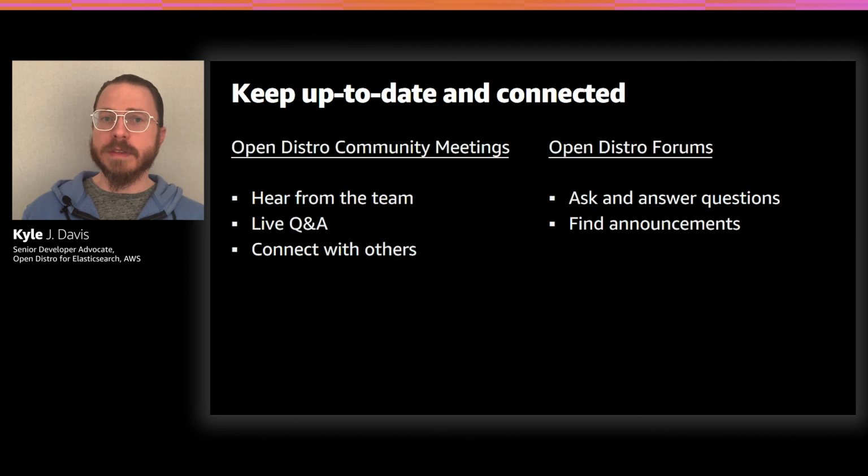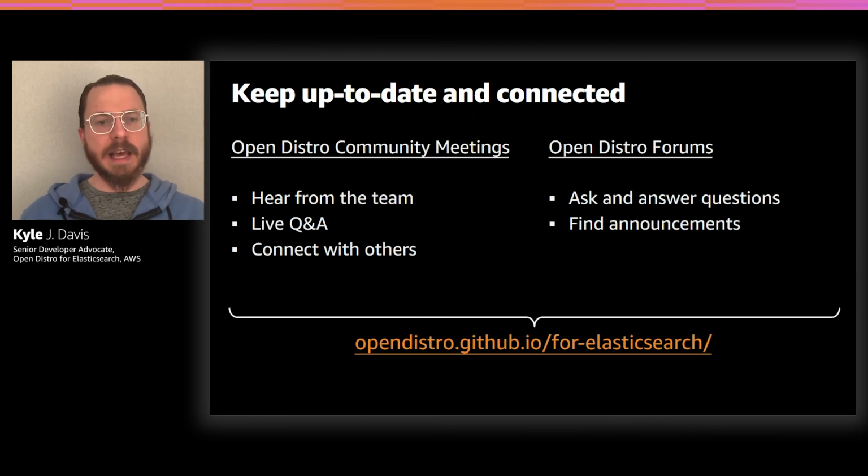We also put our announcements there, so anytime we're seeking feedback or we're going to announce something new, it goes right on those forum posts. And you can access that from our website, which I'll read off now: opendistro.github.io/for-elasticsearch. Bit of a mouthful, but you can certainly find it on Google if you need to.